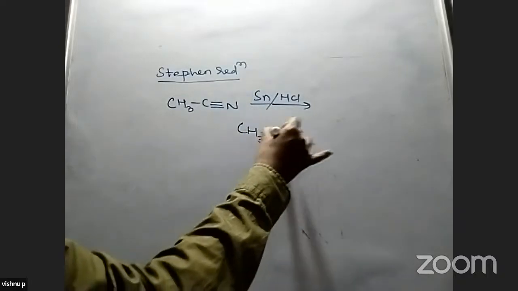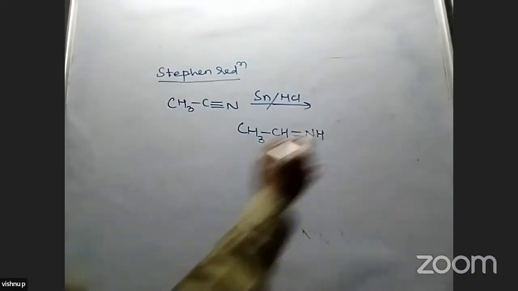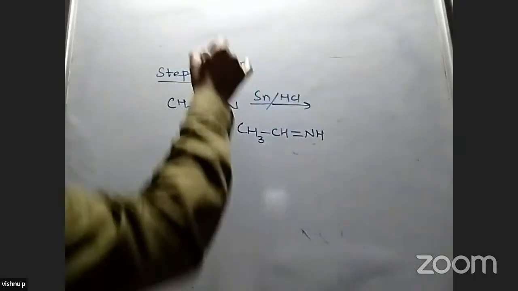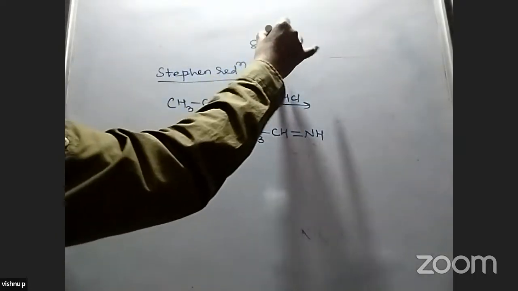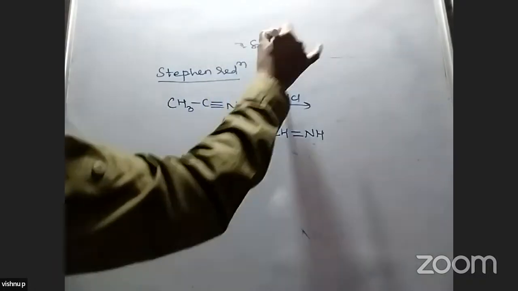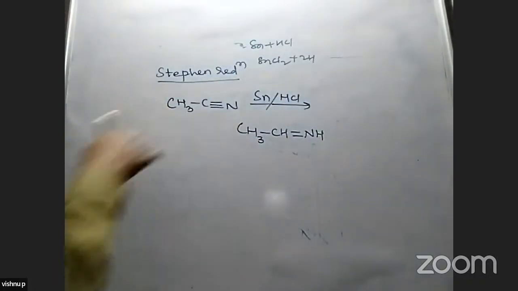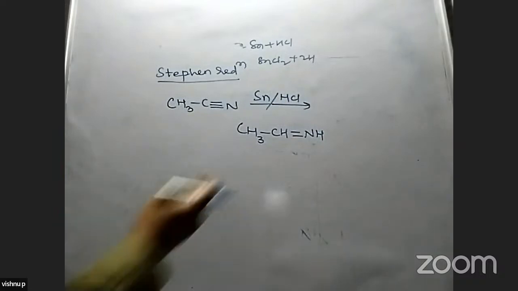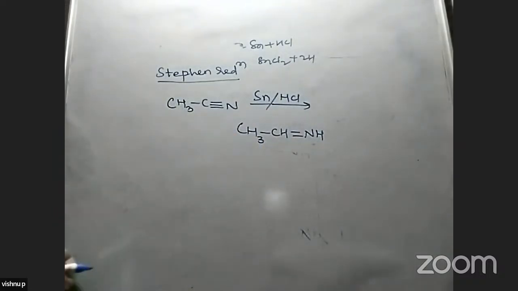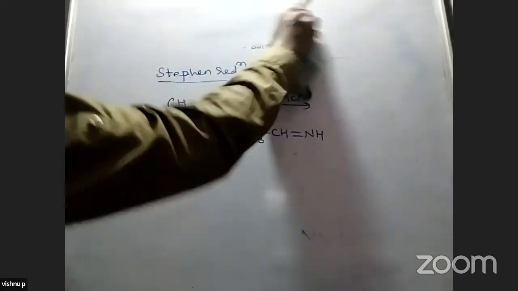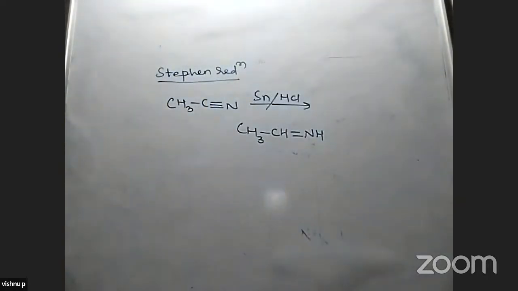So the compound CH3CH double bond NH is formed, because tin reacts with HCl. SnCl2 and hydrogens are separated. So these hydrogens are added to these carbons and we get this unsaturated amine, also called imine.